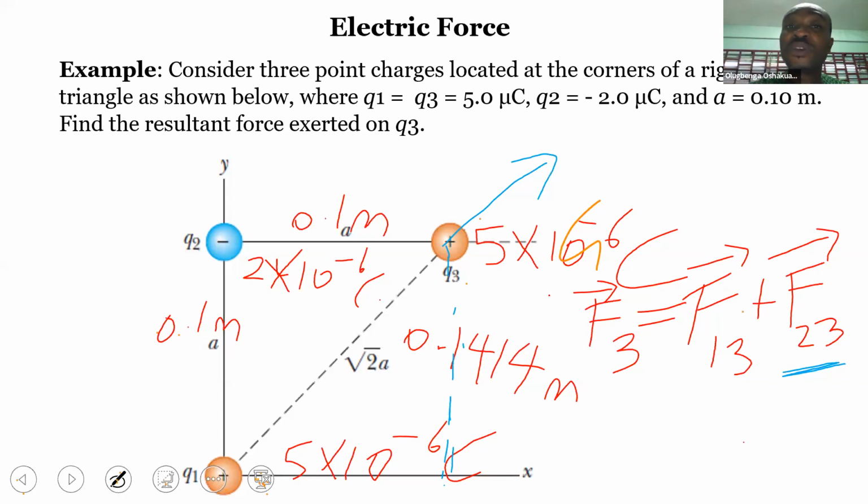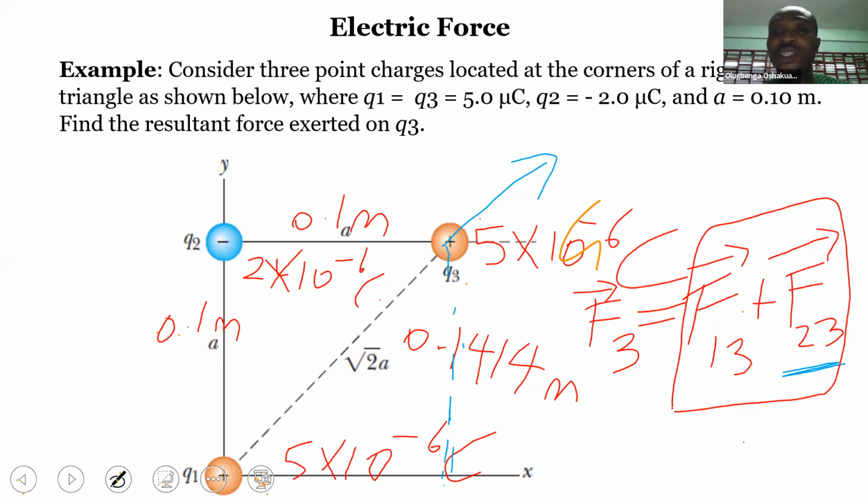So we are the ones that looked at the diagram and noticed that there are two charges nearby, and we have considered the force of Q1 acting on Q3 and also Q2 acting on Q3. And since we have written them as vectors, we can add them up easily, like simple addition.